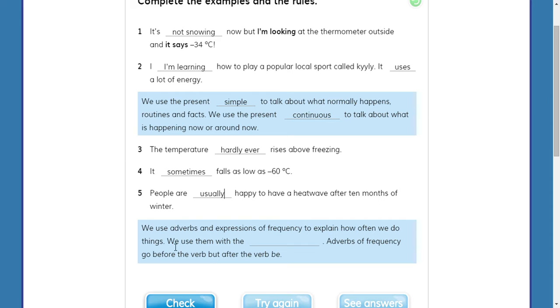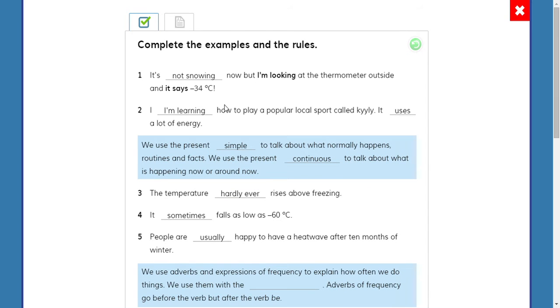Let's see, we use adverbs and expressions of frequency to explain how often we do things. We use them with the present simple or present continuous? Look, the thermometer hardly ever rises.